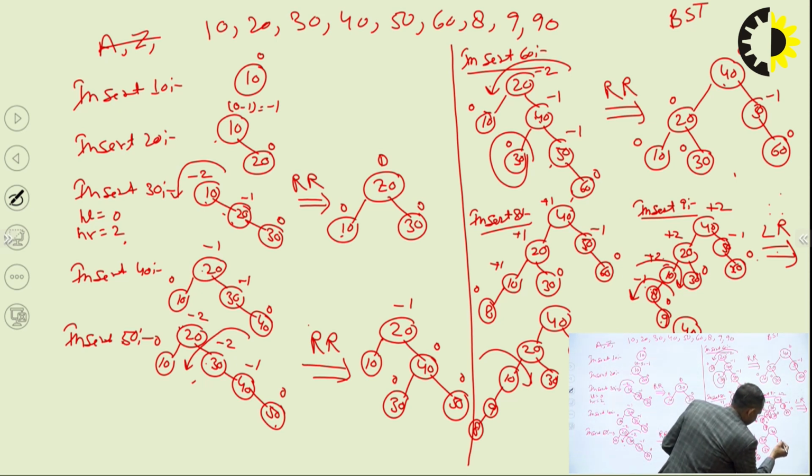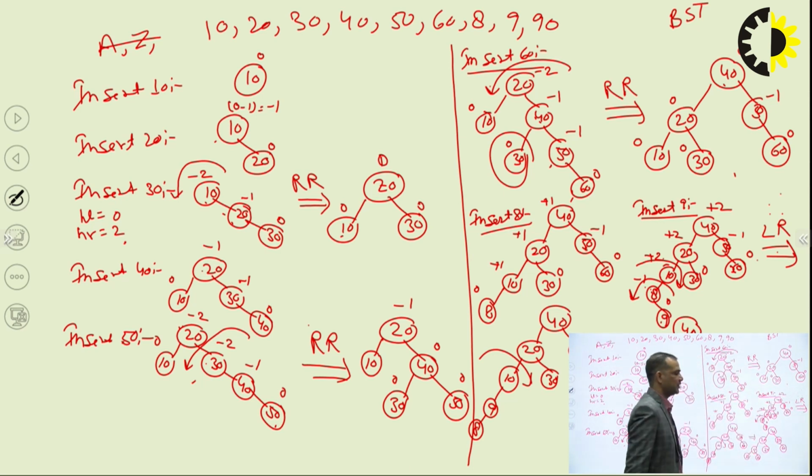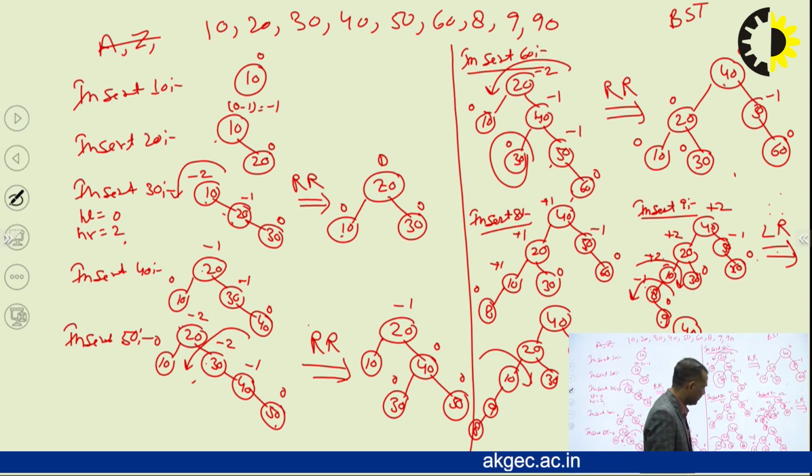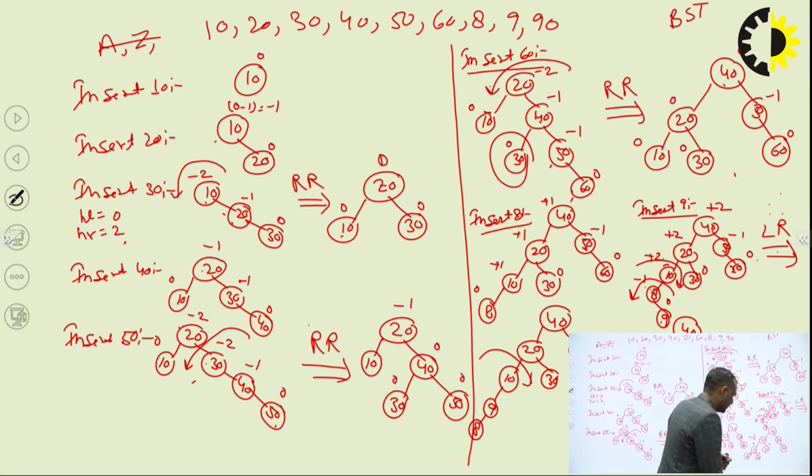Now we have to check the balance factor again. Balance factor of 8 is 0, of 10 is 0, of 9 that is 0. 30 has neither left height nor right height, that means 0. 20: left is 2, right is 1, that is 2 minus 1, that is +1.